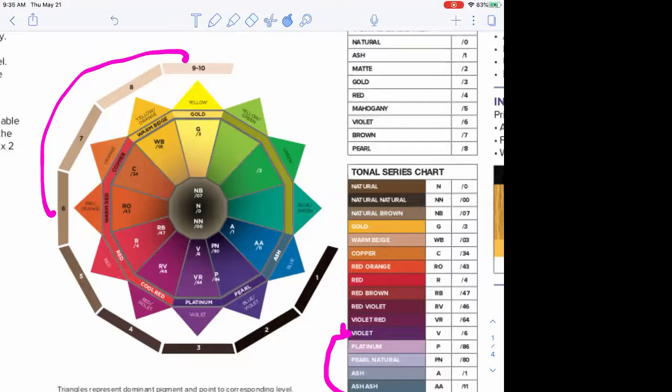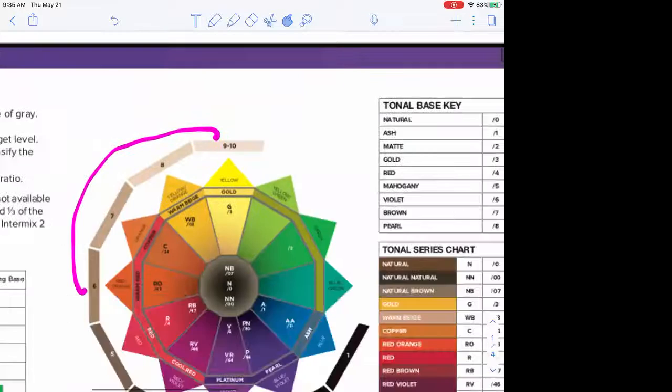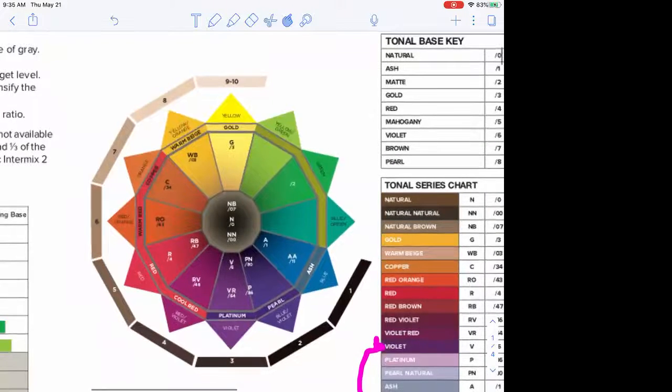One of the really cool things about all of the Paul Mitchell colors is that if you're a salon owner and you don't want to keep a huge inventory of backstock, all you have to have in Paul Mitchell color is every level of G, every level of A, and every level of R. Because those are your primary colors, you can literally mix any of the other tonal bases.